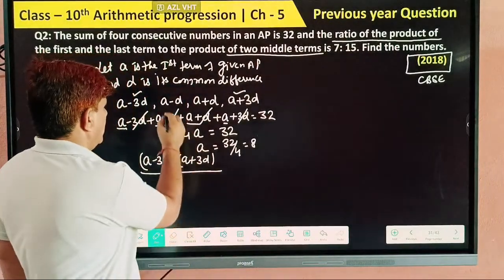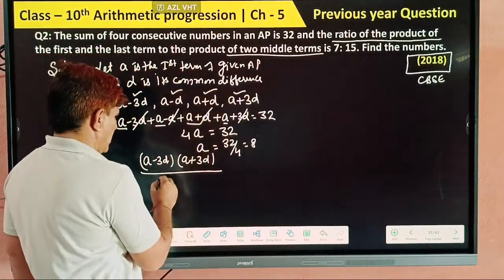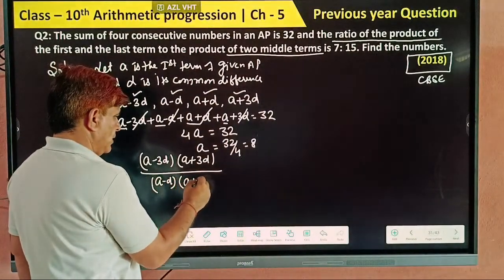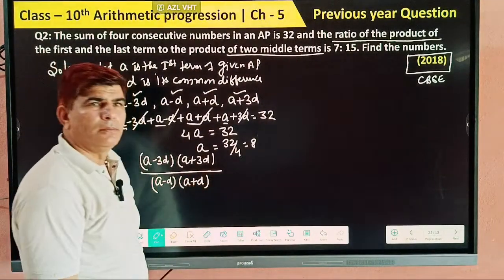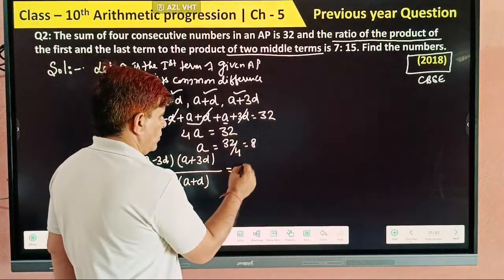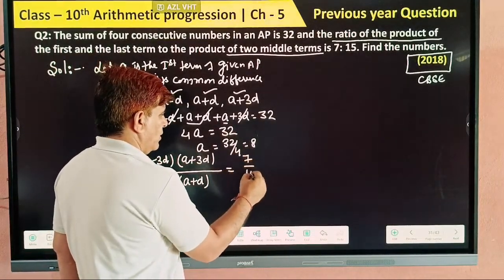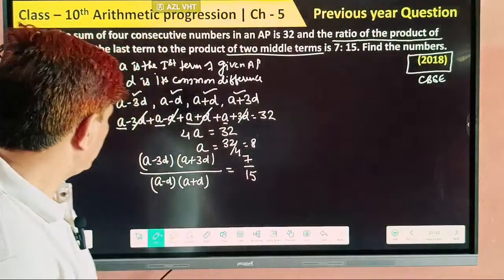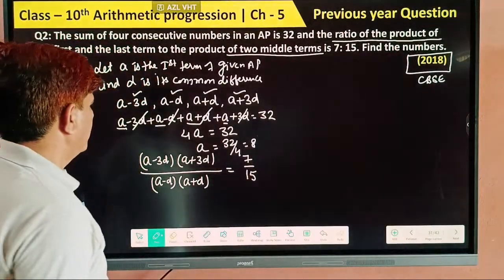Middle terms are this and this: A minus D and A plus D, is equal to 7 by 15. This is given.